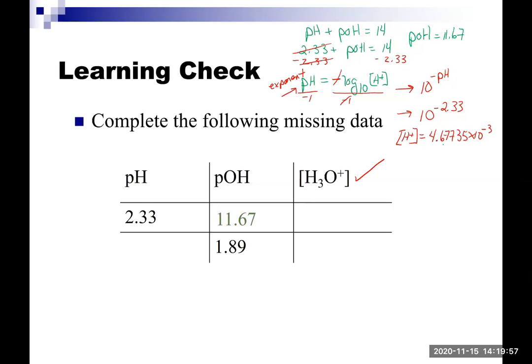So that puts me here, this 4.6. When I evaluate the next value over, it's 5 or greater. So my H plus concentration is going to be 4.7 times 10 to the minus 3 molar. Okay, and I'm going to leave the other one for you to solve later.